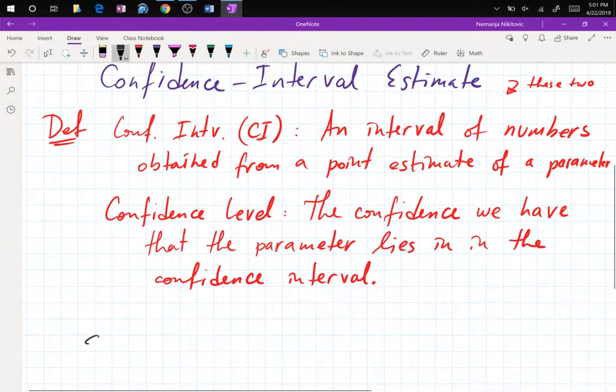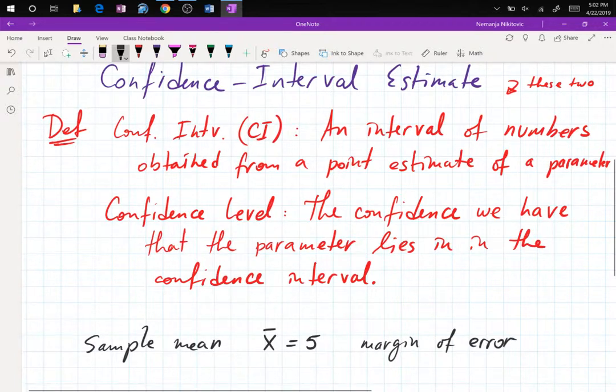So sample mean x bar equals 5, right? And then we're going to get this number, which we call margin of error, to be, let's say, 2.1.